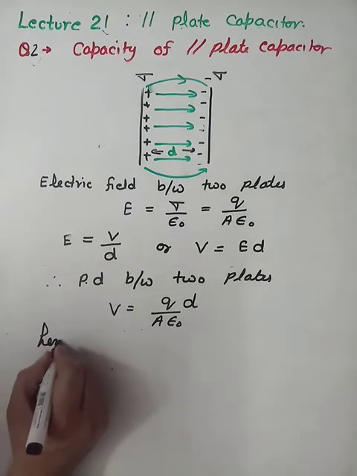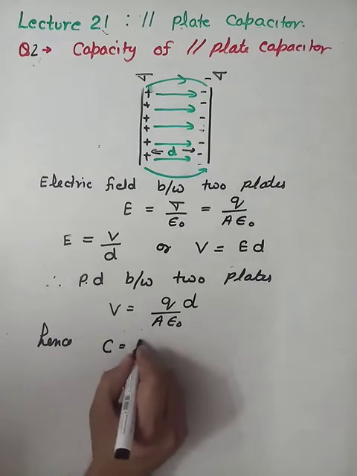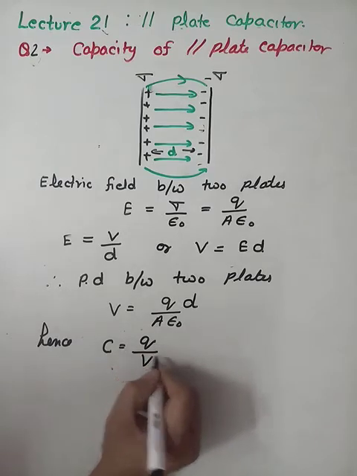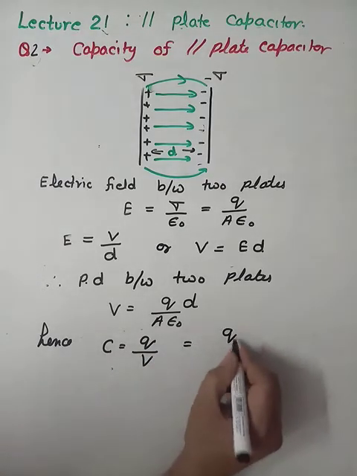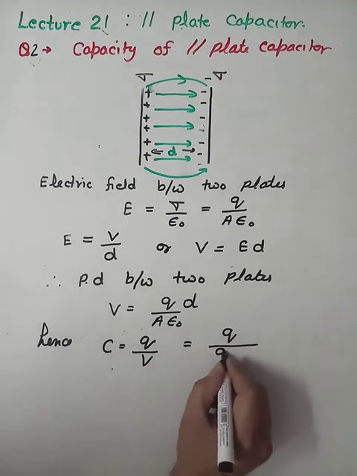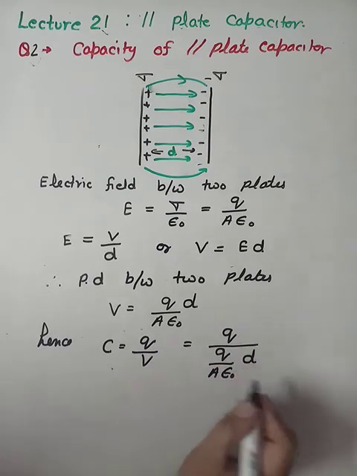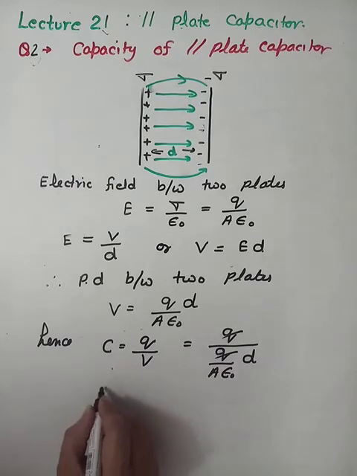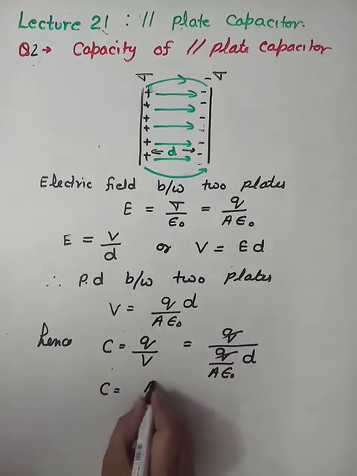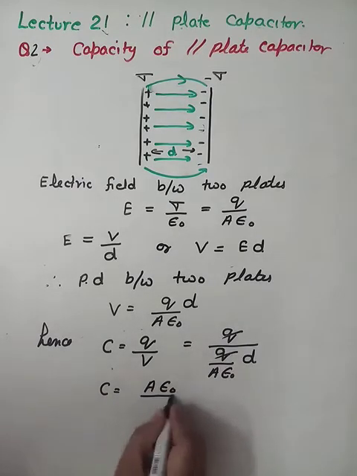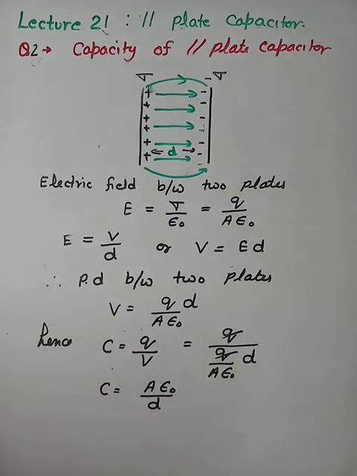Hence we can calculate capacity C, whose formula is Q by V, which is Q upon A epsilon naught into d. Q and Q will cancel out and we get C equal to A epsilon naught upon d.